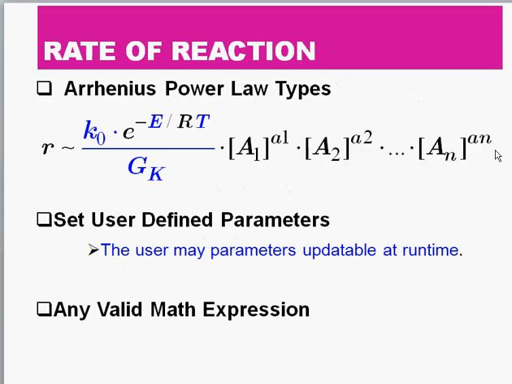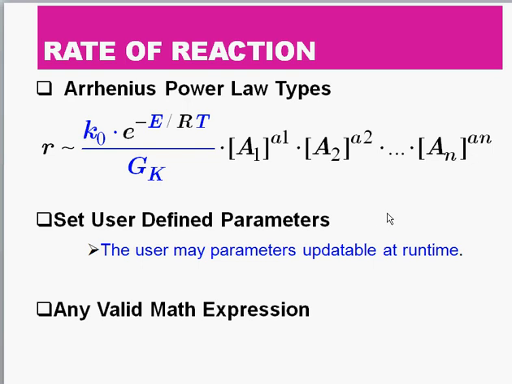The CKFLUIDSOFT computes source terms, and one of the main values used in the source term is the rate of reaction. The type of rate of reaction that is built in the CKFLUIDSOFT is an Arrhenius power law type of formula, such as the one which is displayed, where the user is then supposed to define the parameters as well as the powers of each concentration.